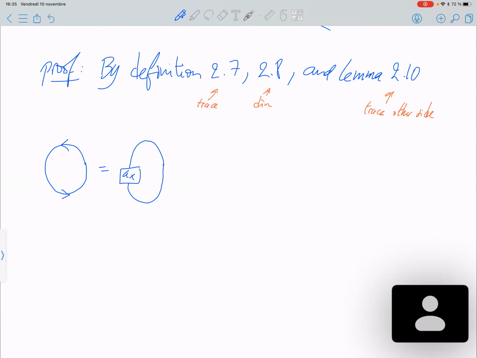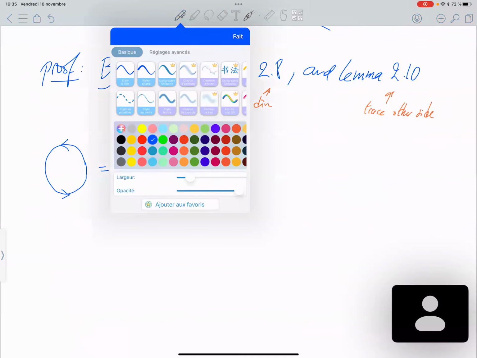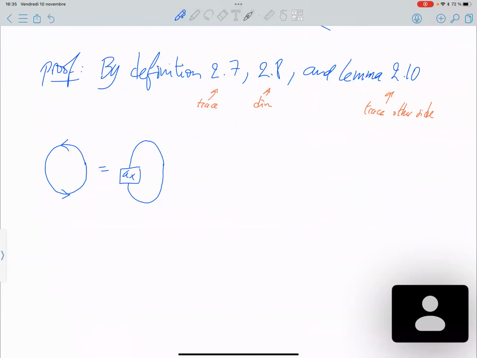Okay. And here you have X. Here you have X star, which is the trace by definition.